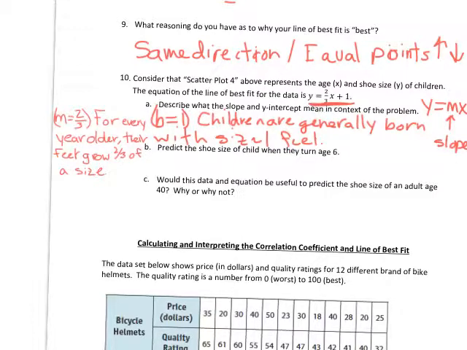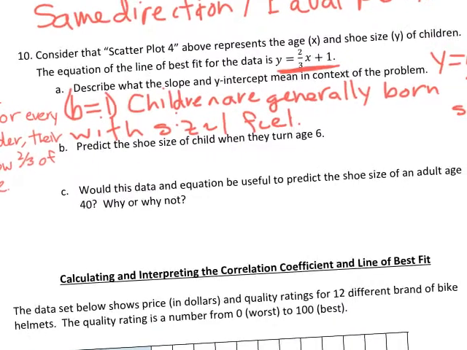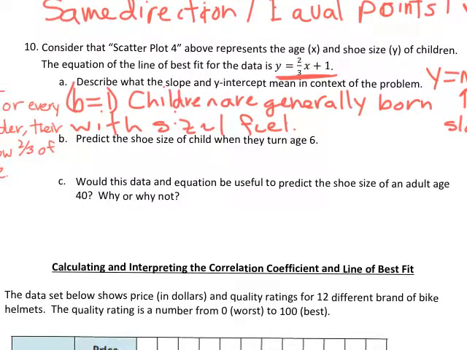So let's predict the shoe size of a child when they turn age 6. So age 6, is that an x value or a y value? It's an x value, right? Because it tells us up in the problem that age is x. So I'm going to use my line of best fit. Y equals 2/3 times the age, which we know is 6, plus 1.